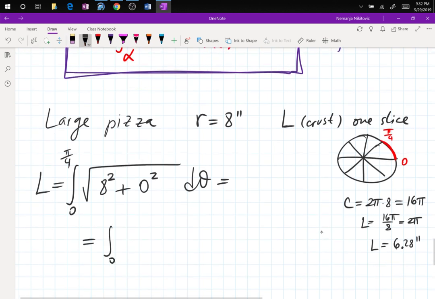That's the integral from 0 to pi over 4 of, this all cancels, so just 8 d theta, which is 8 times pi over 4, which is 2 pi. We knew this, but we can do it this way as well.